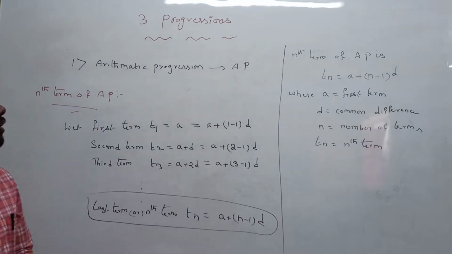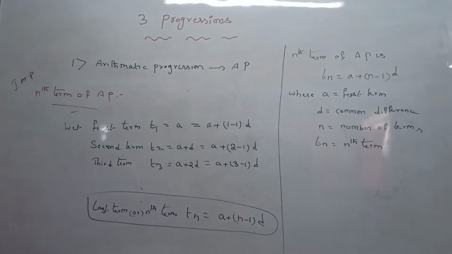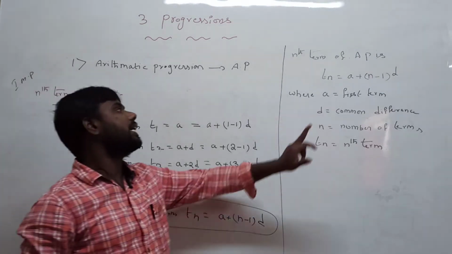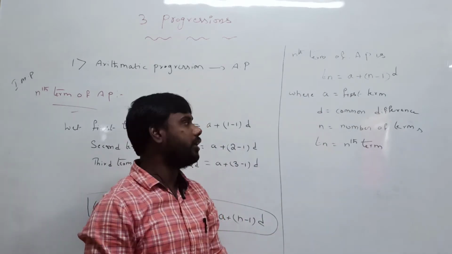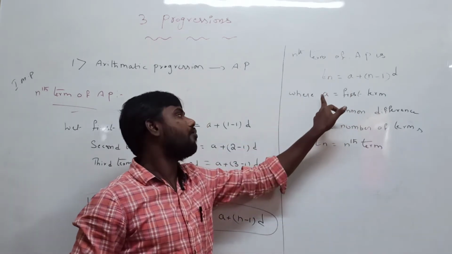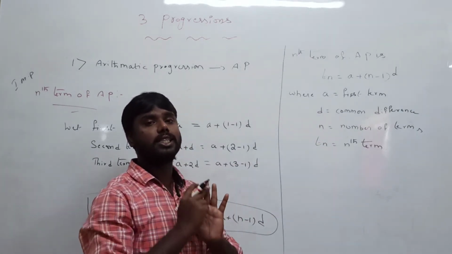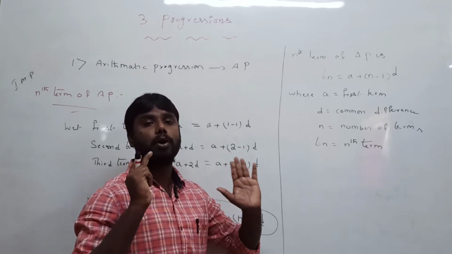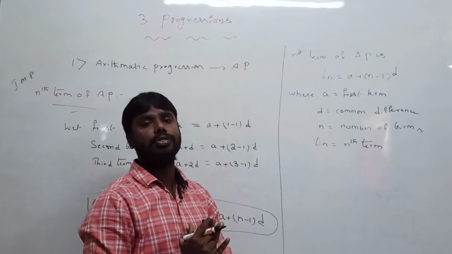Listen, this is the most important formula. All the problems depend only on this formula. The nth term of the arithmetic progression formula is Tn equals a plus n minus 1 into d. a is called the first term, d is called the common difference, n is called the number of terms or elements, and Tn is called the nth term.